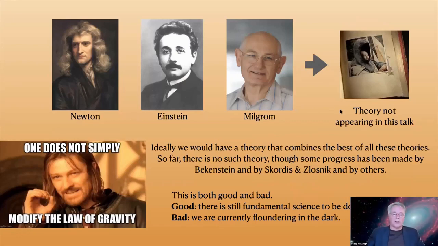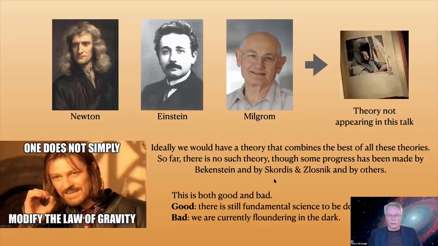Some grander theory that encapsulates all these things, and we just don't have such a thing. And such a thing is not easy to get, right? One does not simply write down new equations of gravity. So this is not a problem that's going to be solved overnight, or really anytime soon. There has been some progress.